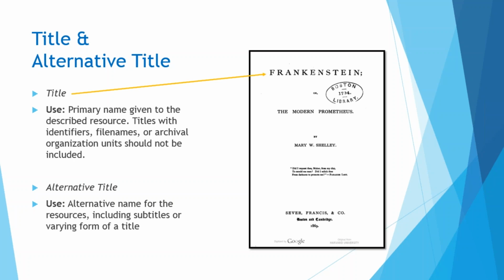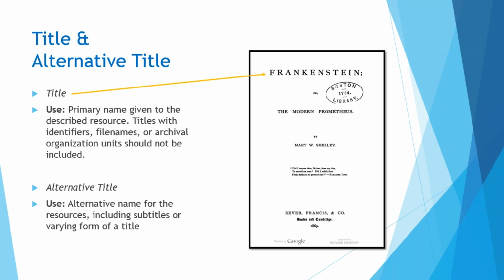If it is necessary to include a secondary title, it is recommended to use alternate title. This field can include a fuller form of the title that may appear elsewhere on the resource when title is taken directly from the title page of the resource, and when it's not a full title. Or it can also include the subtitle of the resource.